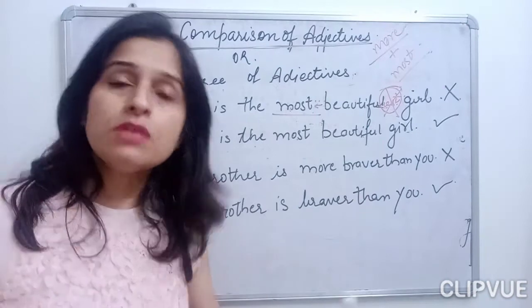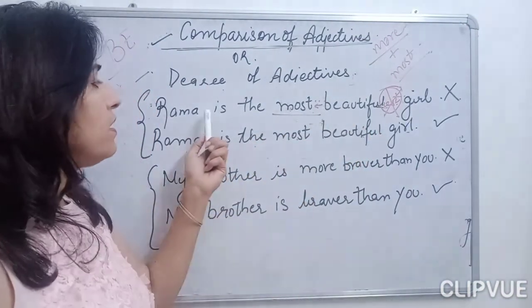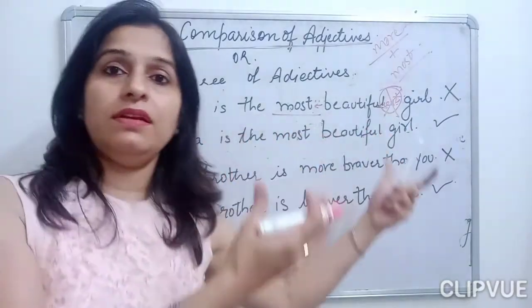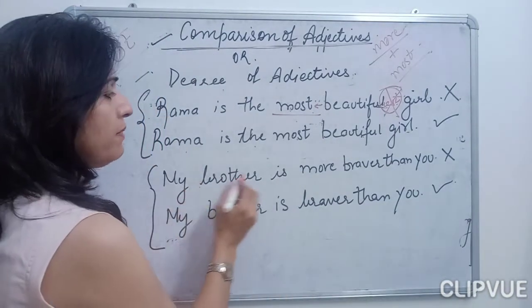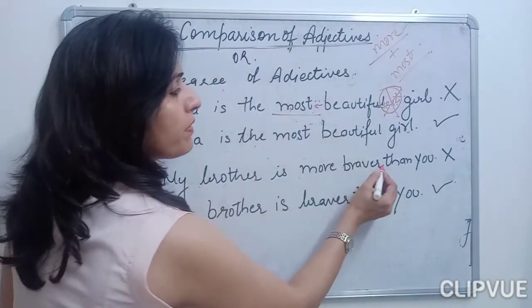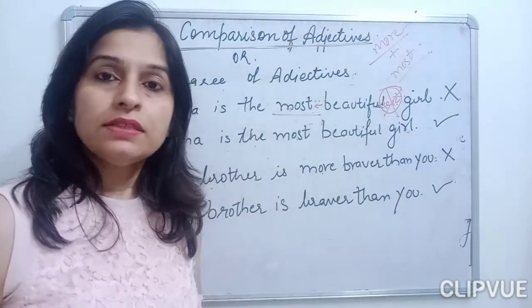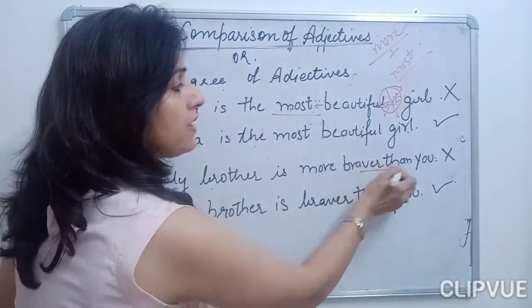Rama सबसे सुंदर लड़की है. आप इस सेंटेंस को हिंदी में बोल के देखिए. Rama सबसे सुंदरतीय लड़की है. That is wrong. Okay. Next, my brother is more braver than you. मेरा भाई तुमसे ज्यादा ताकतवर, something like that in Hindi, braver than you.